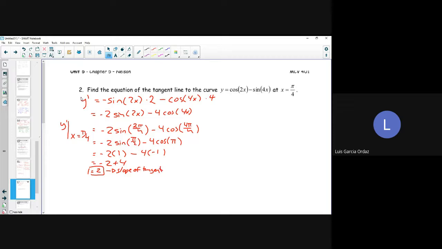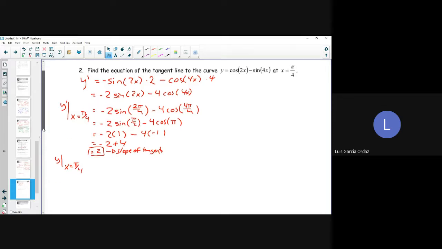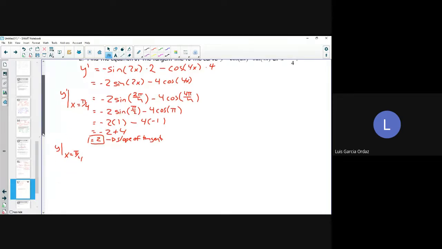And now I need to figure out at what point that happens in my original function. So I need to evaluate y at x is equal to pi over 4, which means I get cos of 2 pi over 4 minus sine of 4 pi over 4, which gives me cos of pi over 2 minus sine of pi.